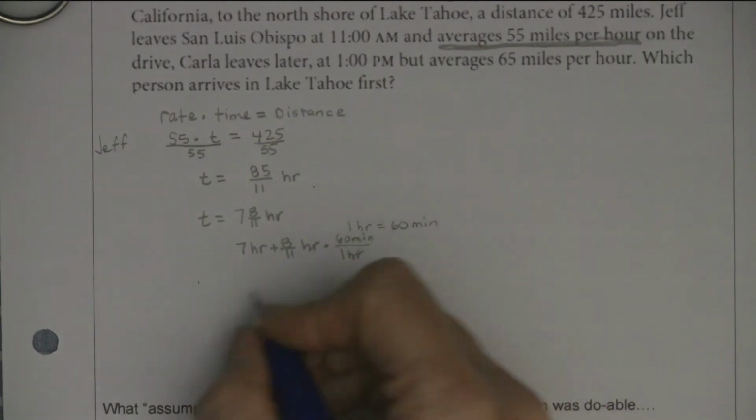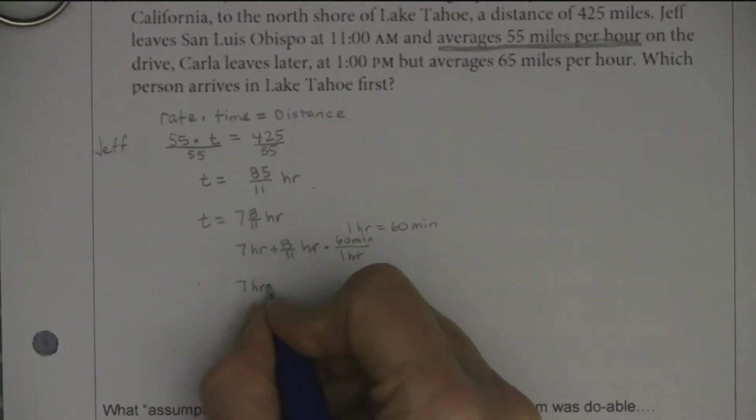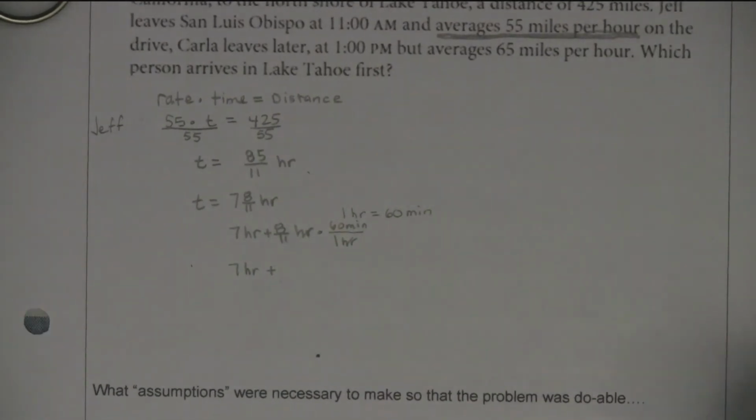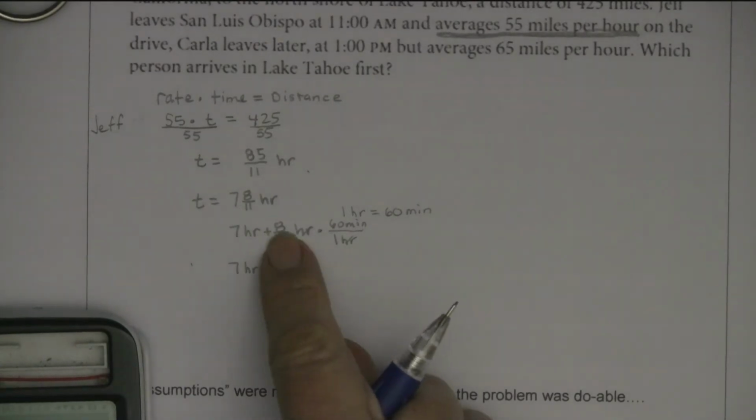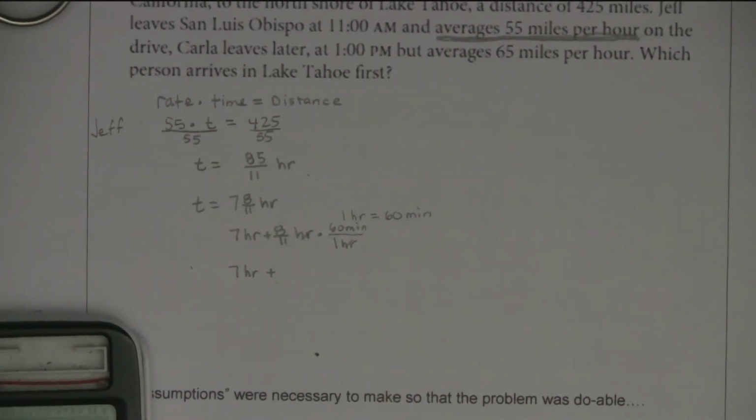Then this is going to give us 7 hours plus, how many minutes? 8 over 11 times 60 will be the minutes that it took him.